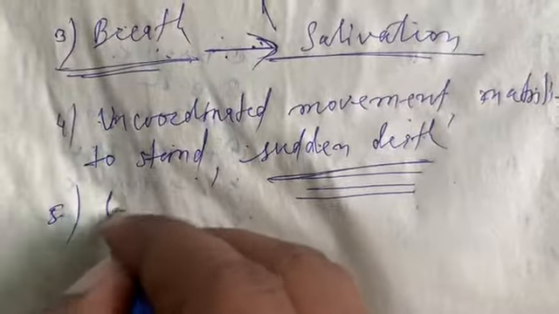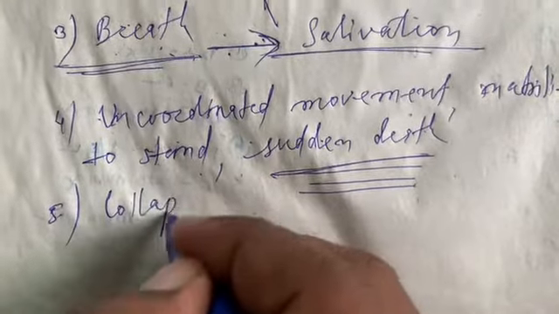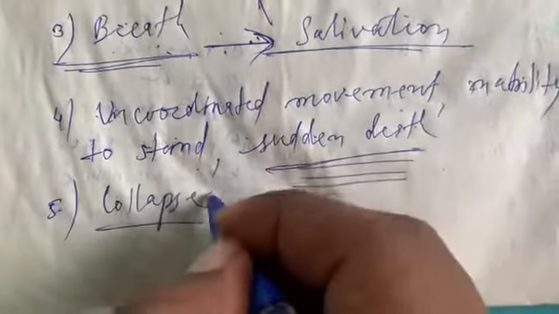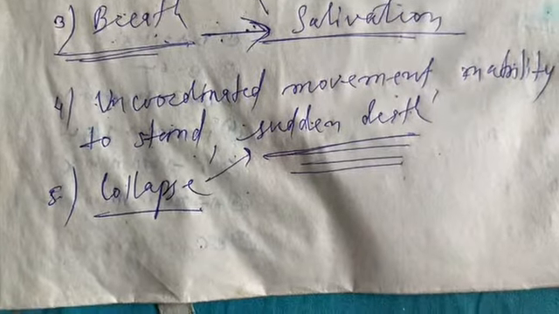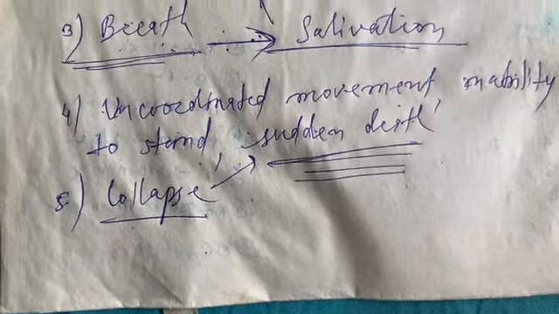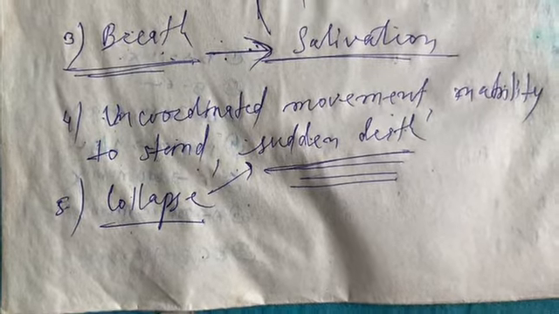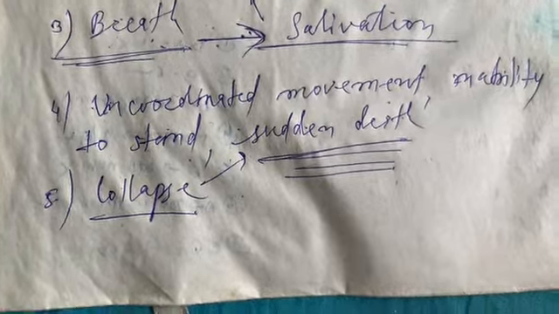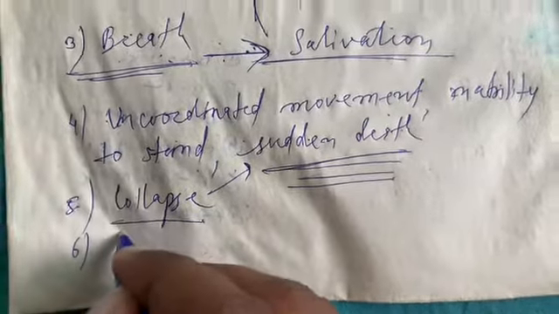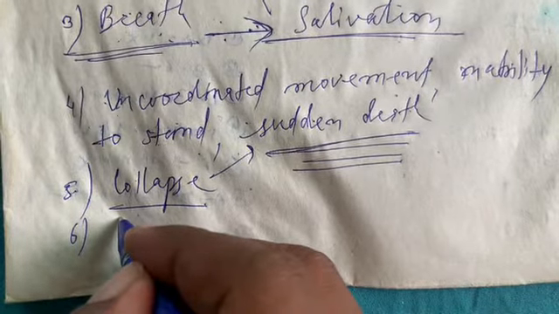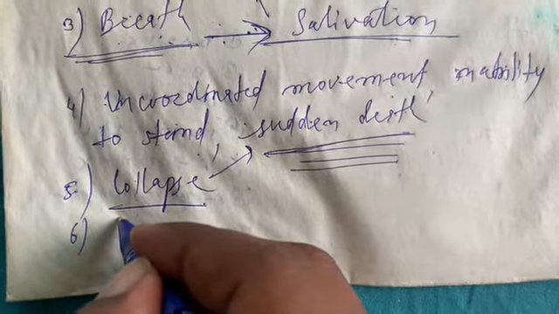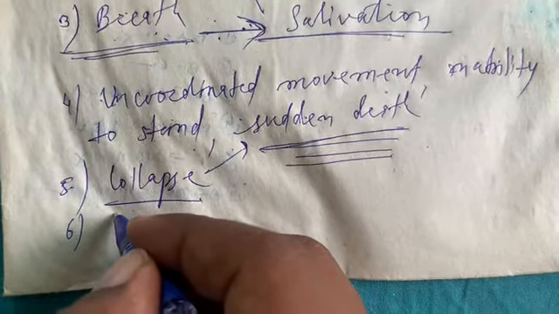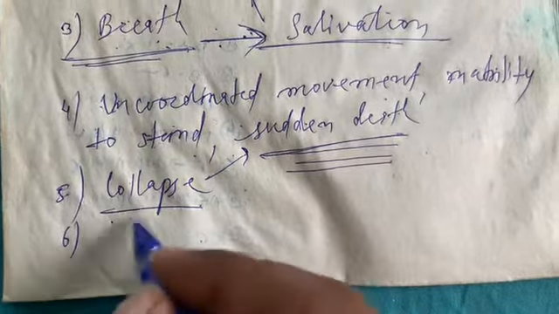Sometimes the animal collapses, and again sudden death may occur. When we see chronic tympany in animals, in this case the distension of the abdomen and intra-abdominal pressures are not serious.